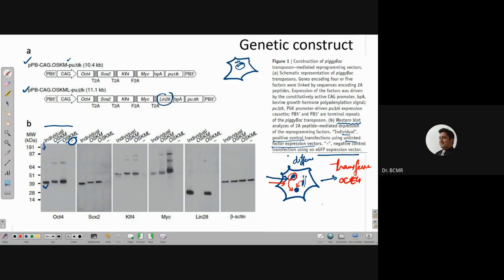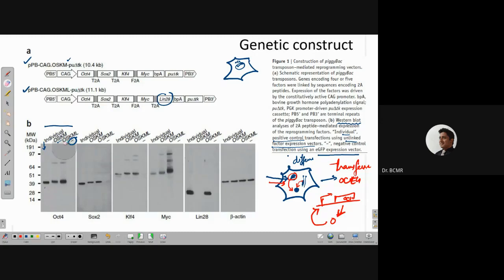So OCT4 is a positive regulator of OCT4. It will produce OCT4, which can influence or increase the transcription of OCT4. It's a kind of forward loop.